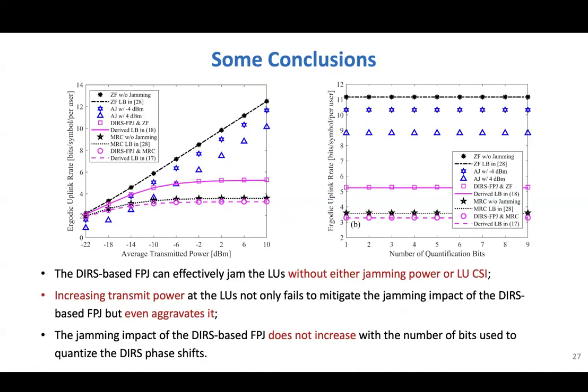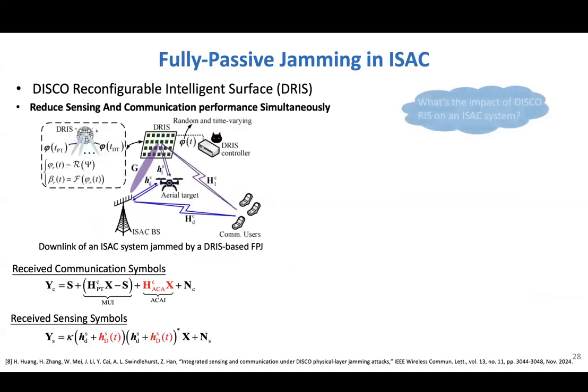And here are some performance results. On the left-hand side is the overall data rate. On the X axis is jamming, and on this one is data rate and jamming. I think I need to improve this a little bit.